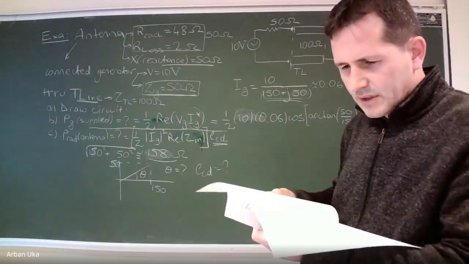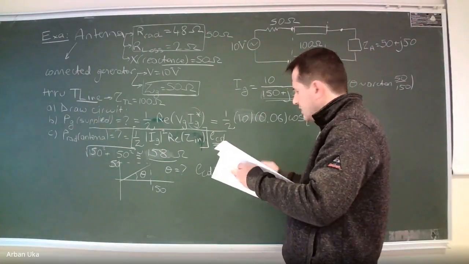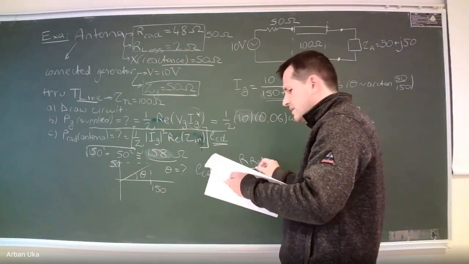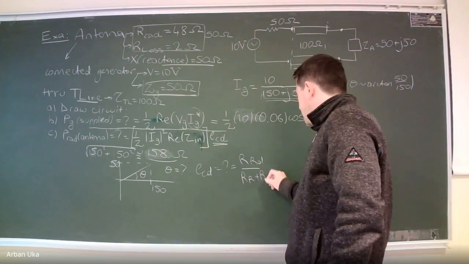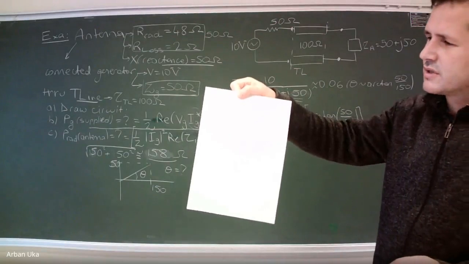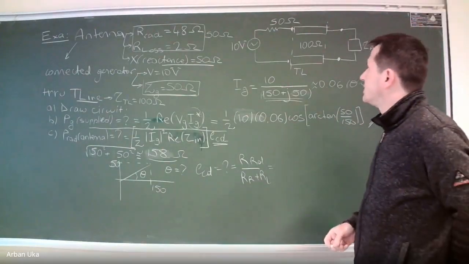It is a relationship between the... okay, I found it. This is radiating resistance divided by RR plus RL. Now, regarding the equation, you can just look at the formula sheet in pages 101 and 102.